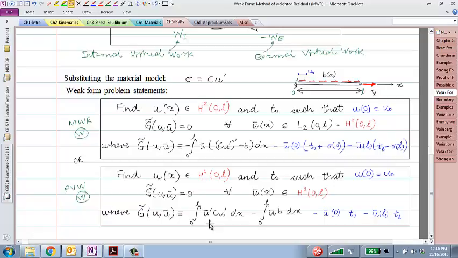Meaning, if you have element 1, element 2, then within these elements, I'll have some polynomial approximation, which means that at the boundary of the element, displacements will have kinks in them. Okay, and that's an approximation that we are willing to live with.